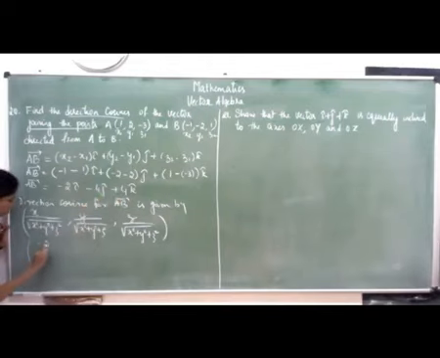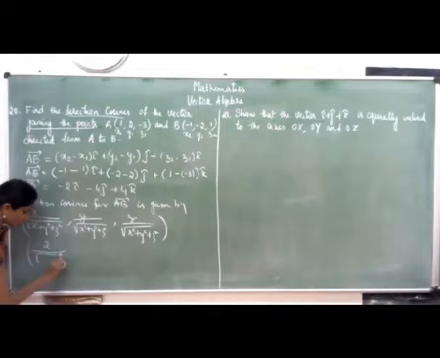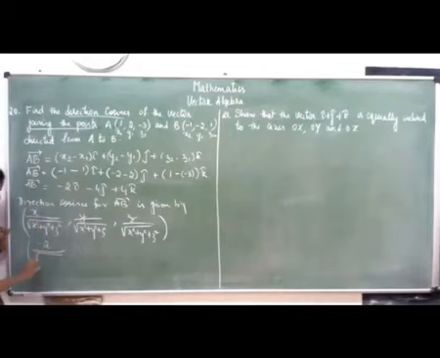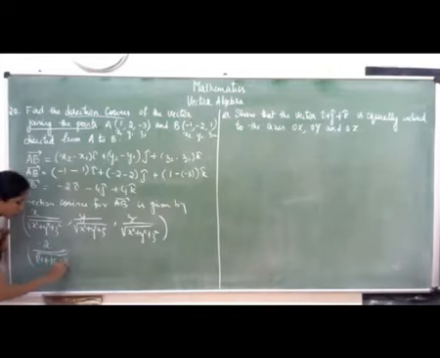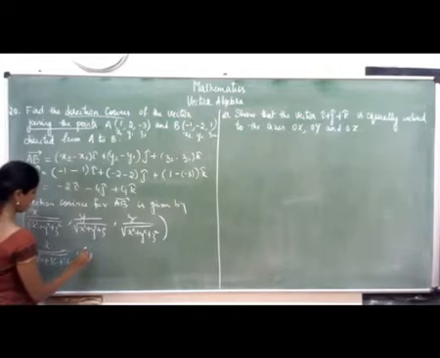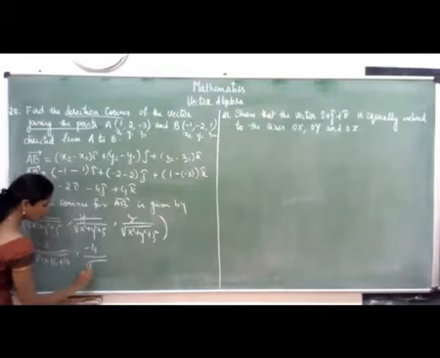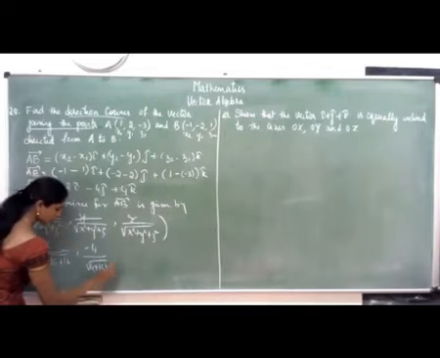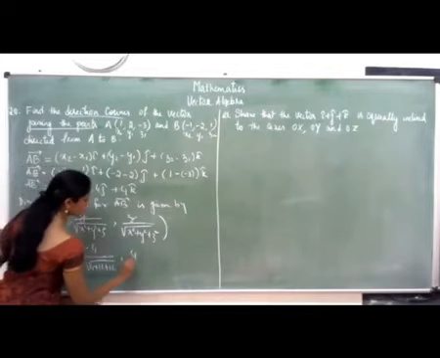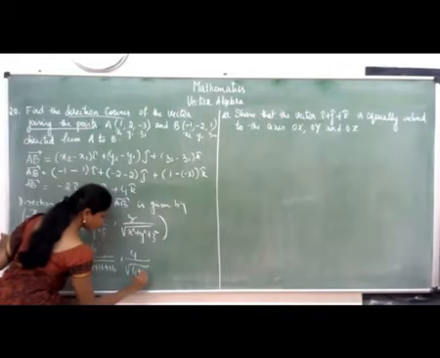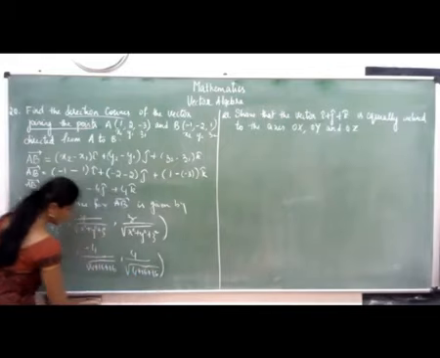So it is minus 2 divided by root of, so it is simplified directly, x square, that is minus 2 whole square, which will be equal to 4. Then plus y square, minus 4 whole square, which is 16. Plus again 4 square, so it is 16. Next you have y value, minus 4 divided by root of 4 plus 16 plus 16. Next, plus 4 divided by root of 4 plus 16 plus 16.